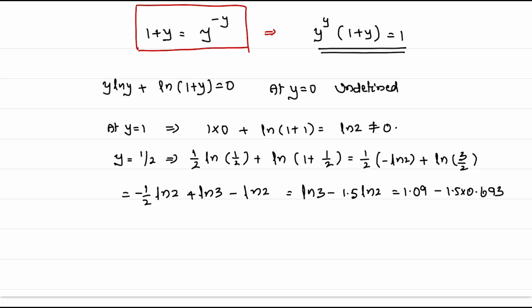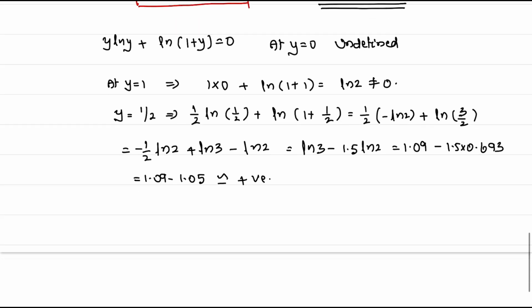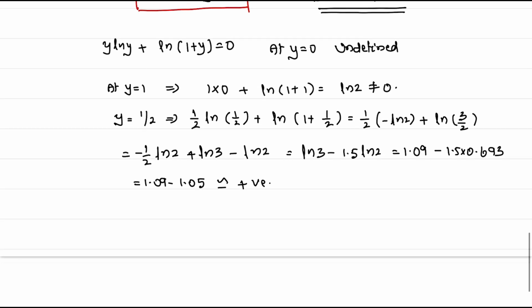How much will it be? Is it positive or negative? It is approximately 1.09 minus 1.05, let us say, that is approximately positive. That means there is no sign change between y is equal to 1 and y is equal to half.